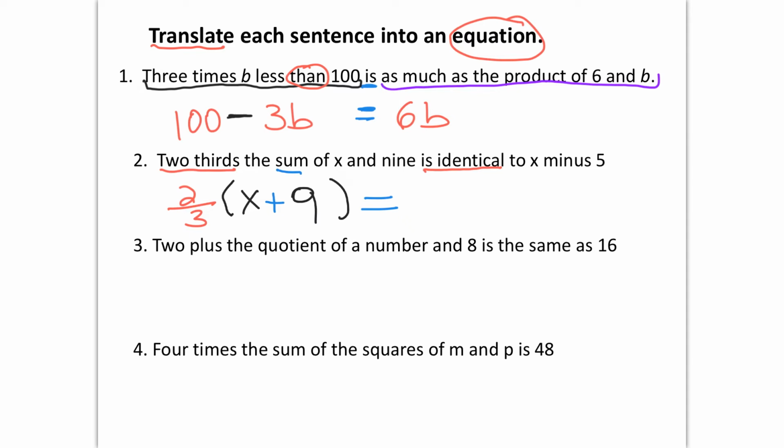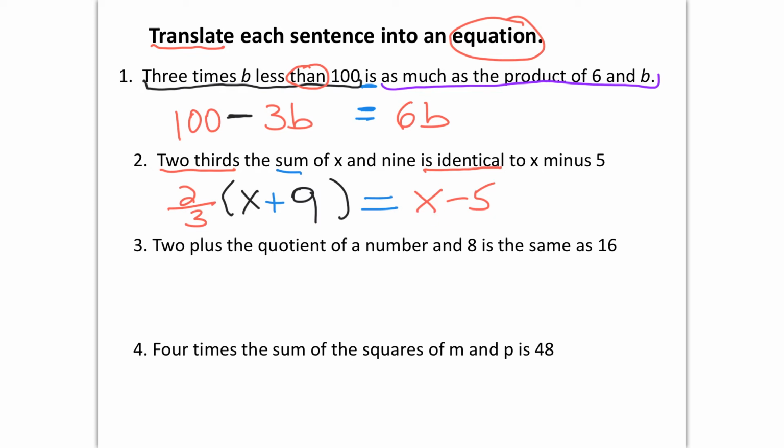On the right side, it says is identical to x minus 5. Now that's very self-explanatory. You just write down x minus 5. So my equation is 2/3 times the quantity of x plus 9 equals x minus 5. Let's look at number 3.